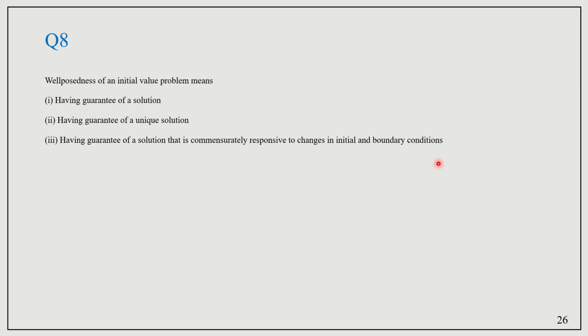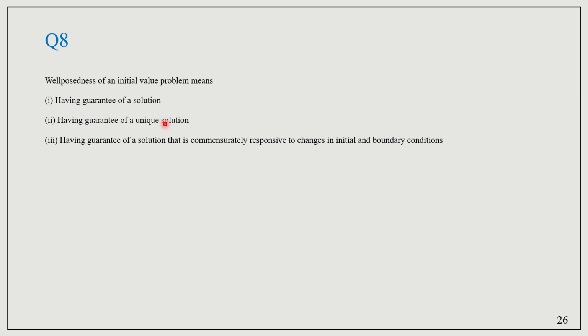So the first one is having guarantee of a solution. True. When we are dealing with the initial value problem, when we have the guarantee that there is a solution, that is one criterion. And the second one is having guarantee of a unique solution. Again, this is true because that solution should be a unique solution.